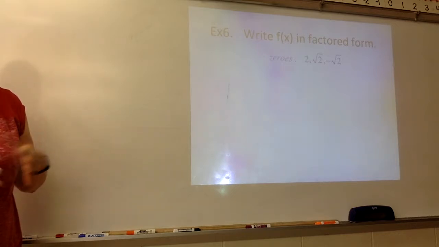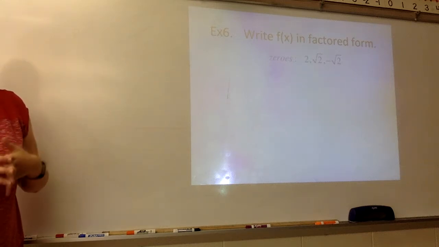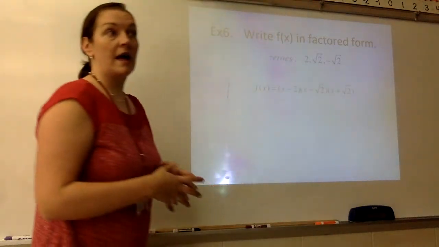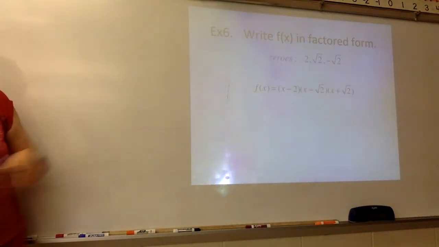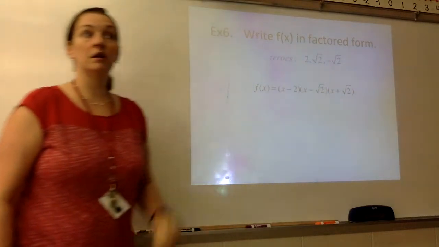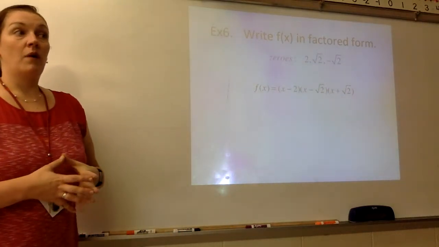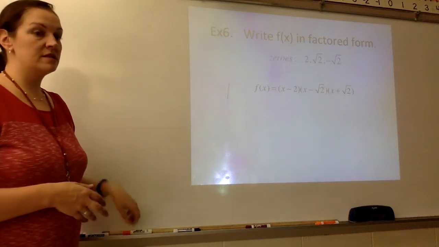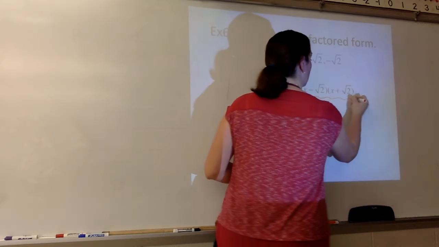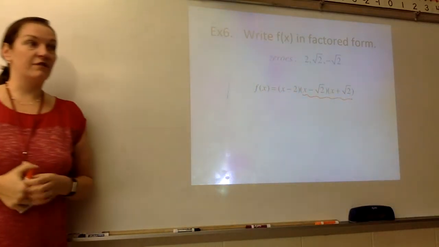OPP, other people's problems, opposites: x minus 2, x minus root 2 and x plus root 2, where these are the sign flips. Do you notice that what I'm underlining in orange is a difference of squares?